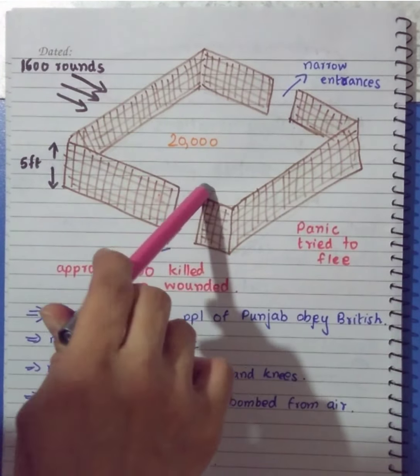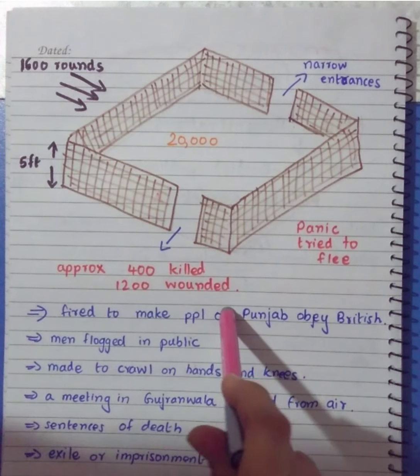They fired around 1600 rounds. As a result, approximately 400 people were killed and 1200 were wounded. But these statistics are not exact. Nobody knows how many people lost their lives there, or how many people were wounded.